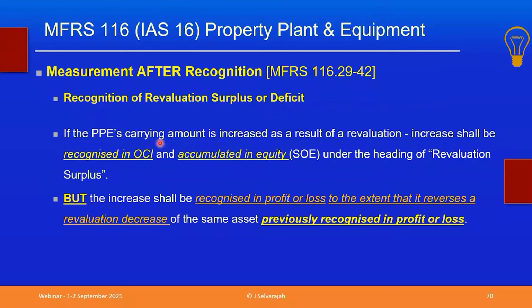Now, if the PPE's carrying amount is increased due to revaluation, most of the time properties will increase, unless you suddenly got a big sinkhole in your property, then the value will go down, of course. It is recognized in OCI, right? So all of the PPE usually, because of revaluation, goes to OCI, and it ends up in the statement of changes in equity under the heading revaluation.